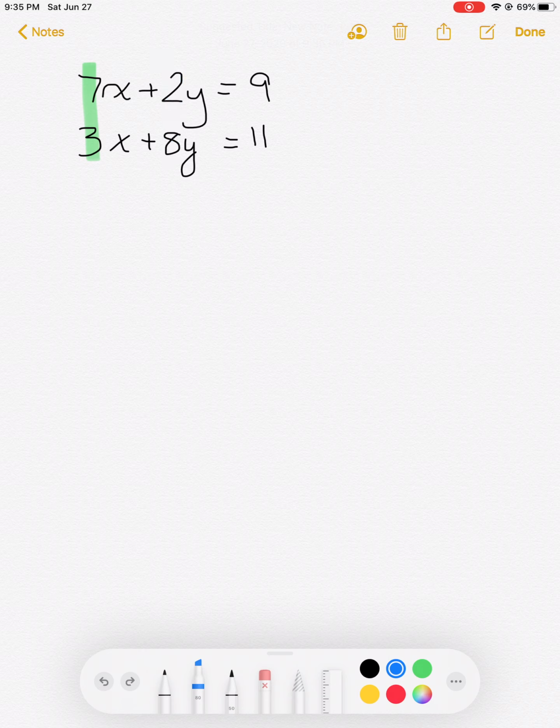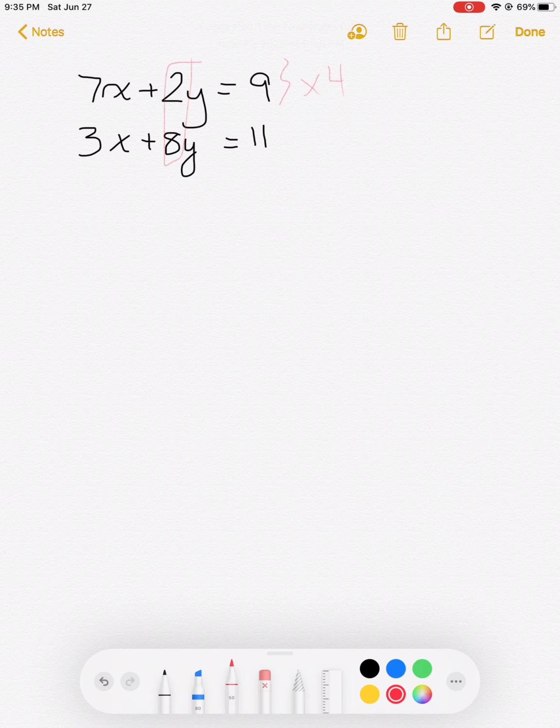So the example of which they did on the question there is they made the Y's the same number. Okay, so they made these guys the same number, meaning they multiplied this entire equation by 4, because 2 times 4 is 8, right?